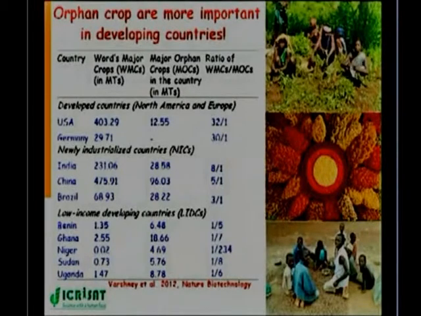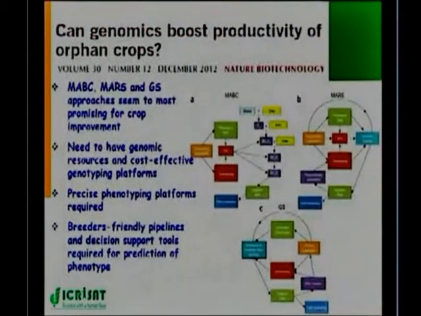Now the next question is how genomics can help improve crop productivity for these orphan crops. Of course, there are many possibilities and different kinds of applications. I have listed here two or three strategies that some of us discussed recently, and these are the three approaches: marker-assisted backcrossing, marker-assisted recurrent selection, and genomic selection.